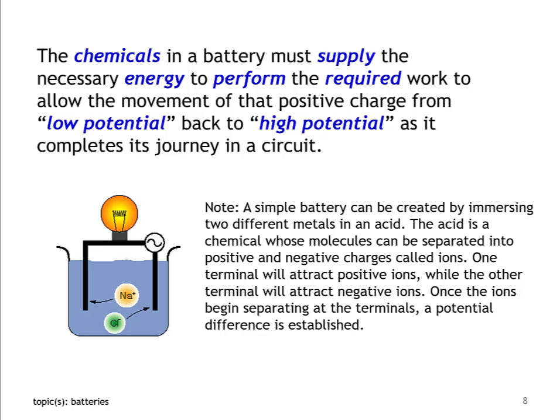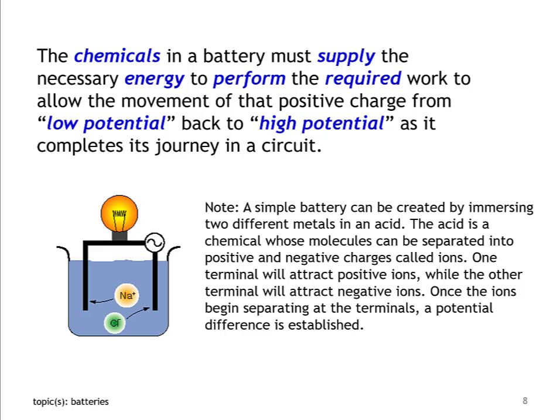And the chemical reactions between the metals and the potato caused the molecules to be separated into positive and negative charges called ions. One terminal attracts the positive ions, while the other terminal attracts the negative ions. And then once the ions begin separating at the terminals, a potential difference is established.